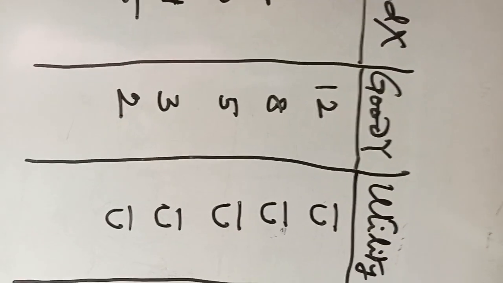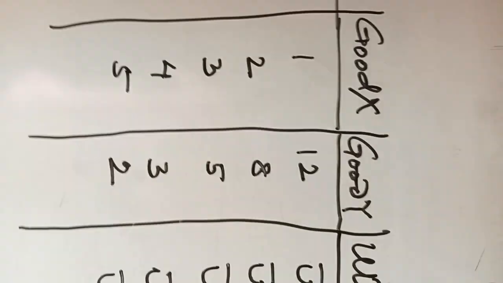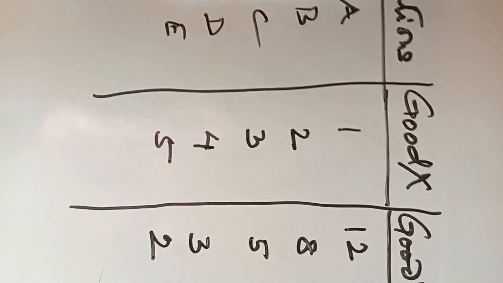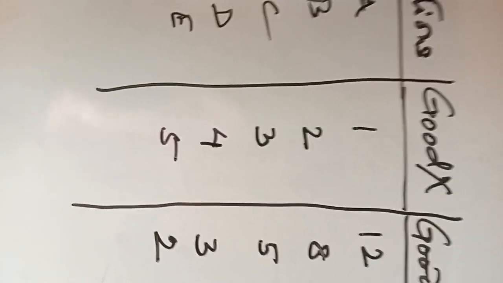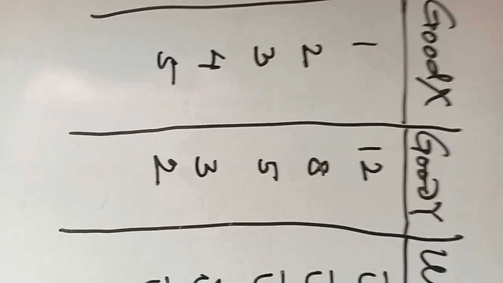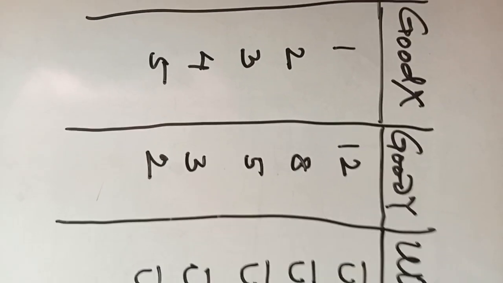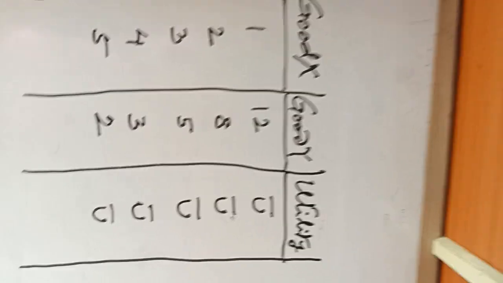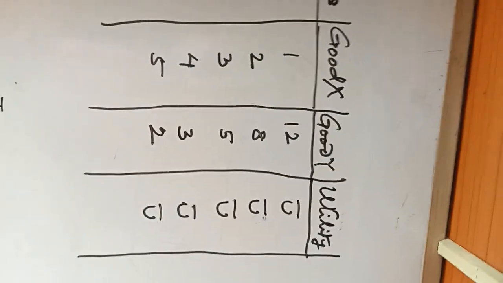This amount of good Y, which is to be reduced or sacrificed when one additional unit of good X has to be consumed, is called MRS. MRS means marginal rate of substitution.